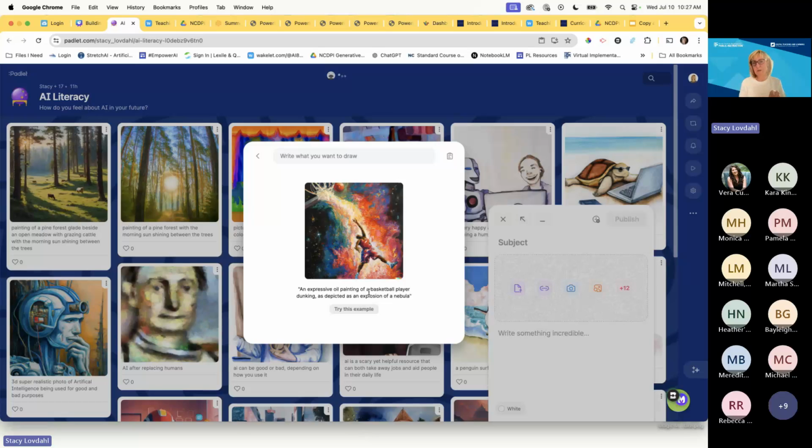Dunking is what the basketball player is doing, depicted as an explosion, so explosion is the amount of energy they wanted to display, and of a nebula, so the nebula is describing how they want the background to appear. So what I told the students was that every single word in that prompt is intentional, and in just a very short amount of words, they've really packed a lot of information into that prompt.